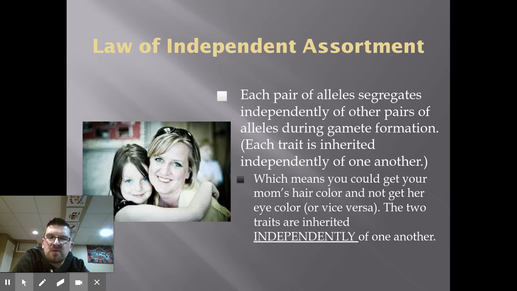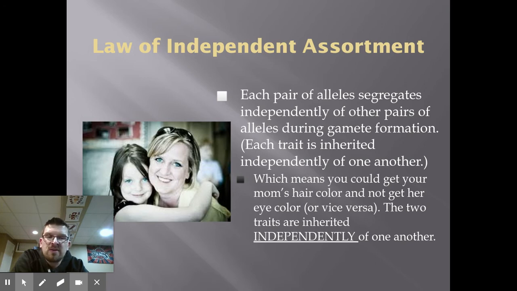When you're forming your gametes, sperm or an egg, depending on male or female anatomy, you're only going to give half your traits. And each trait is completely separate of each other.